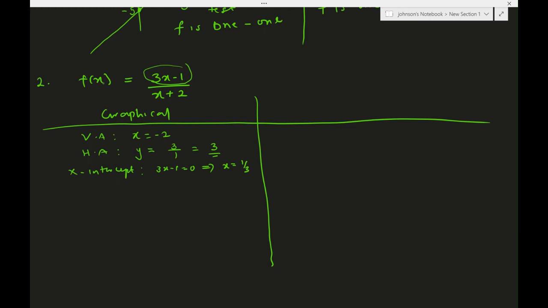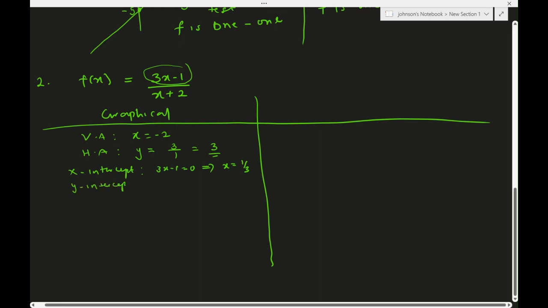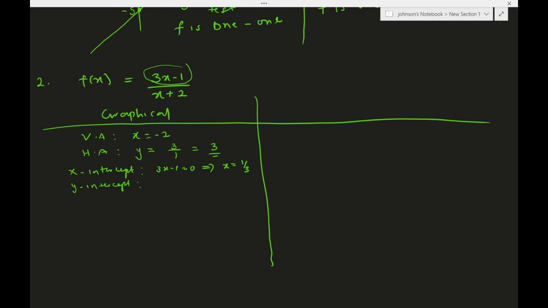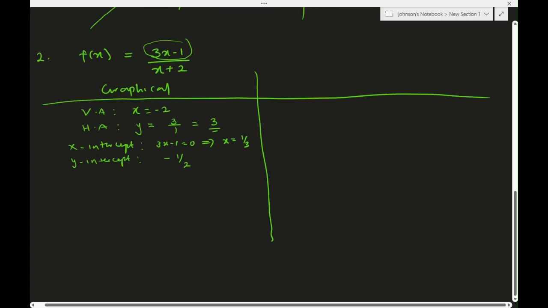A y-intercept is when x is equal to 0. So let's get the y-intercept: just put x equals 0. If you put x equals 0, we're going to have minus 1 over 2. So that is our y-intercept.